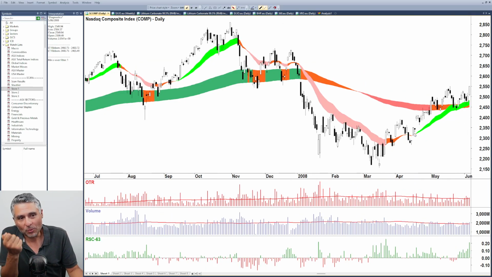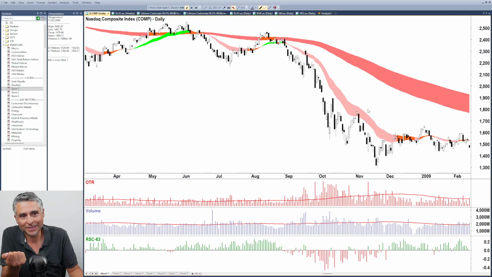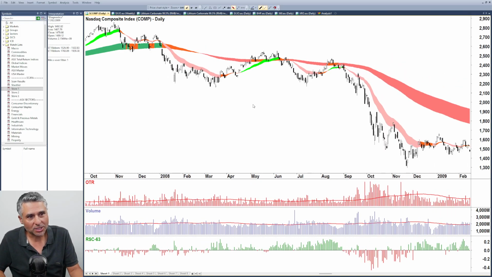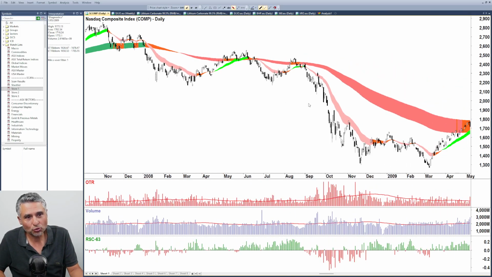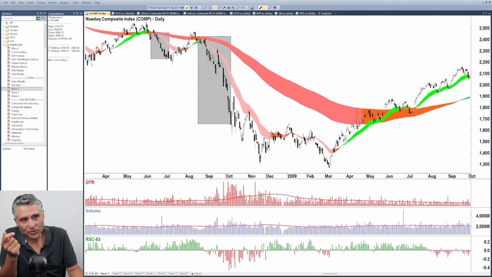The point is that 1/3 maximum is designed to just keep you out of what tends to be really choppy markets, even on the way down. And you get these bouts. So you can see in the GFC that the actual duration of time, I think this will prove the point, the actual duration of time where it was pretty easy to short was there, and then where? And then where else?